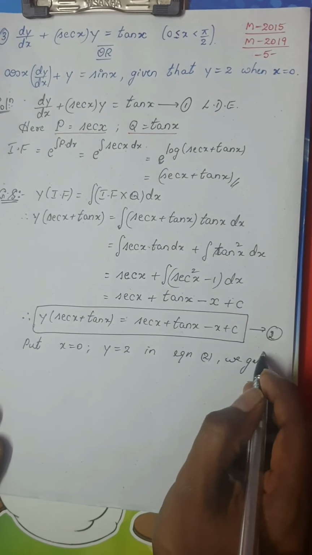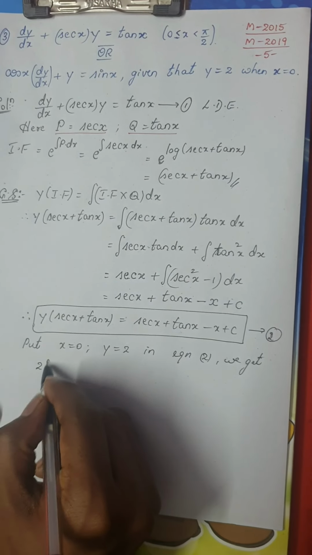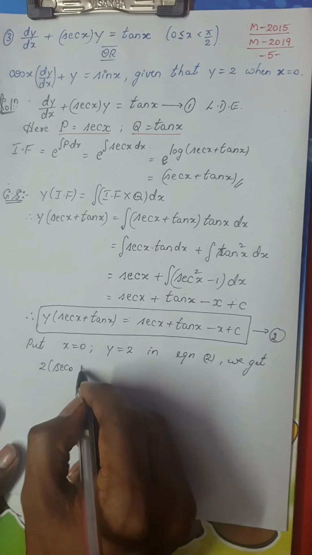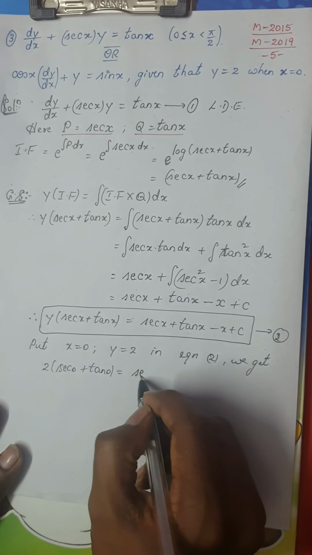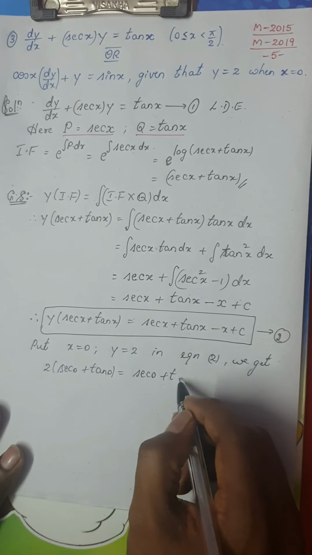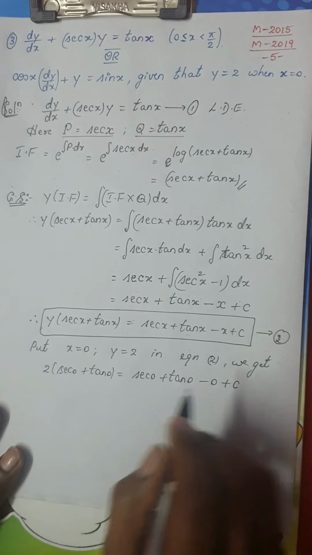We get 2 into secant 0 plus tan 0 equals secant 0 plus tan 0 minus 0 plus c.